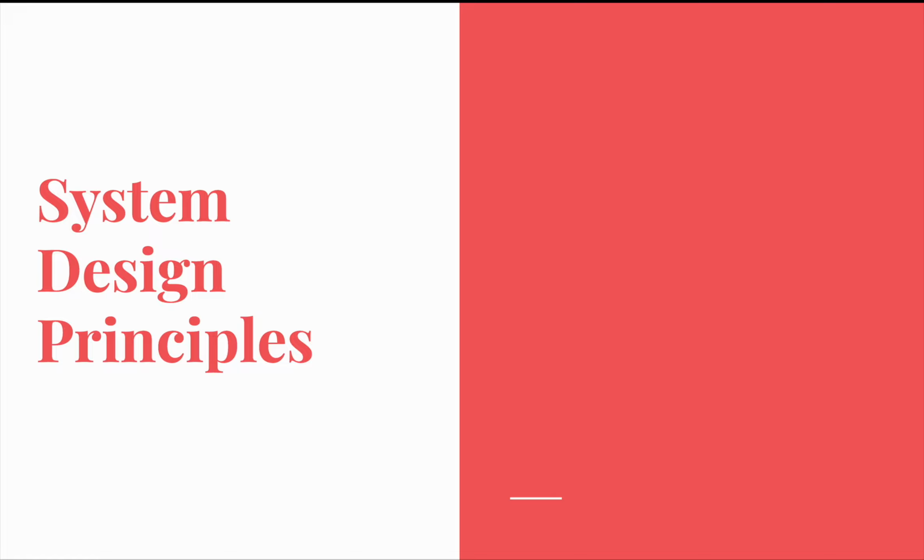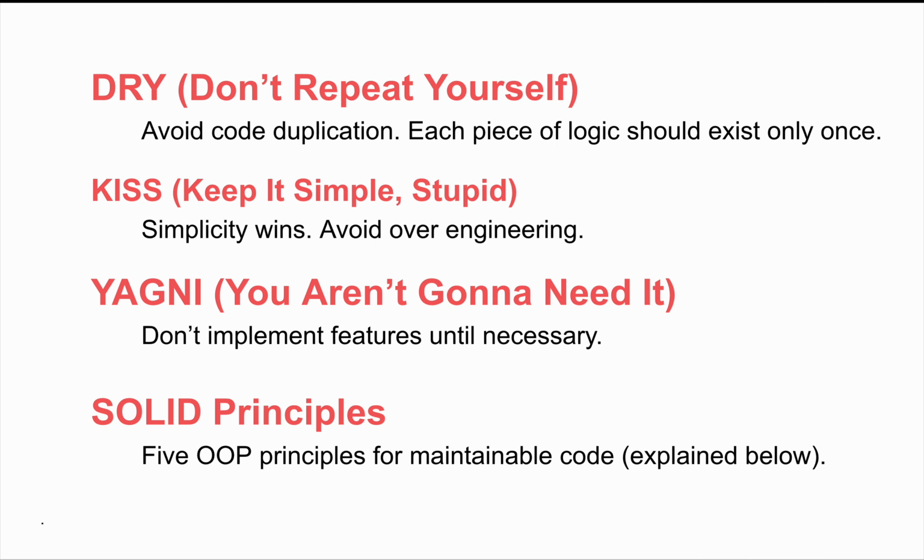But when I was learning system design, I got to know that there are a lot more principles apart from SOLID. First is the DRY principle, that is, don't repeat yourself. Whenever we write code, we should always avoid code duplication. Each piece of logic should exist only once.